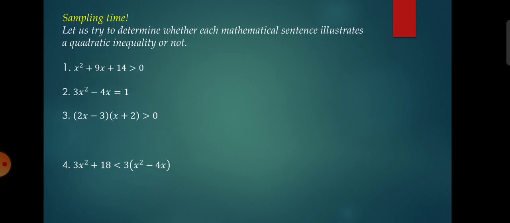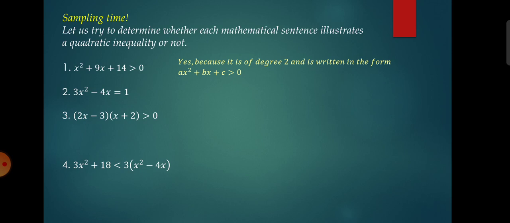Okay, sample time. Let's try to determine whether each mathematical sentence illustrates a quadratic inequality or not. Number 1. x squared plus 9x plus 14 greater than 0. What can you say? Yes, it is considered quadratic inequality because it is of degree 2.